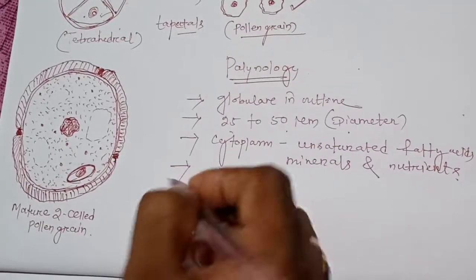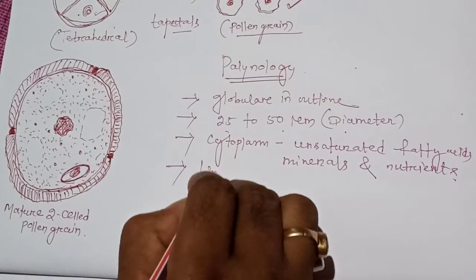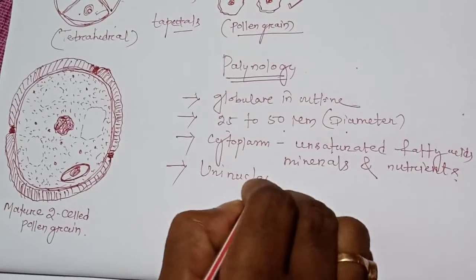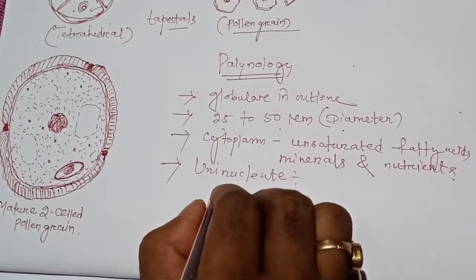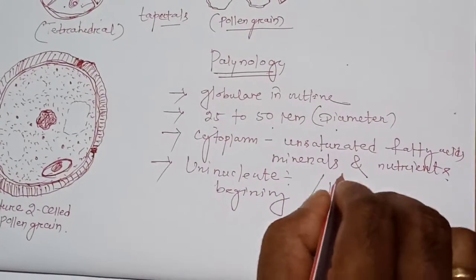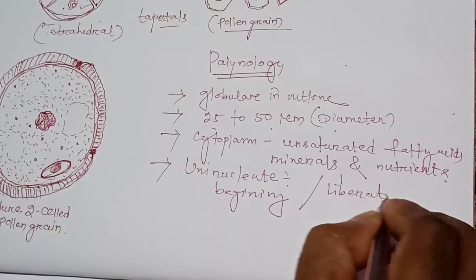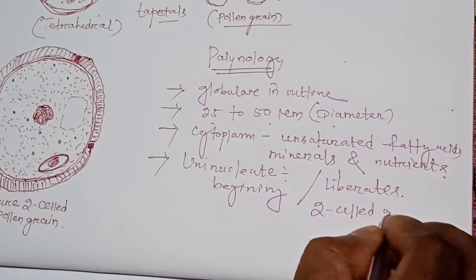The protoplast of the pollen grain is uninucleate in the beginning. But at the time of liberation, the pollen grain is either two-celled or three-celled.